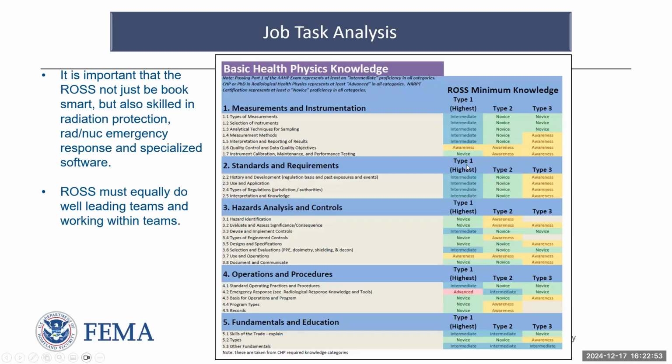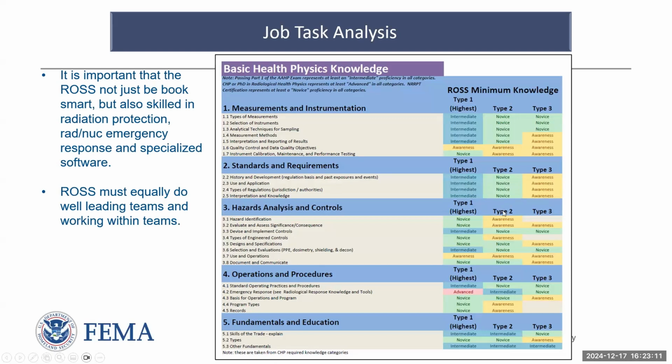And they were broken down into whether someone needed to have a really strong knowledge of them, kind of average knowledge, or basic awareness. So using those terms: intermediate, novice, and aware.